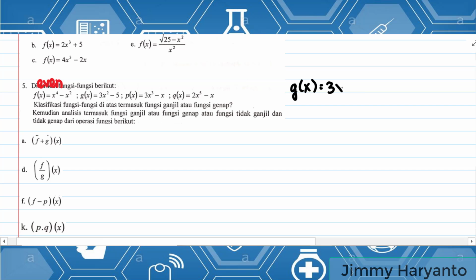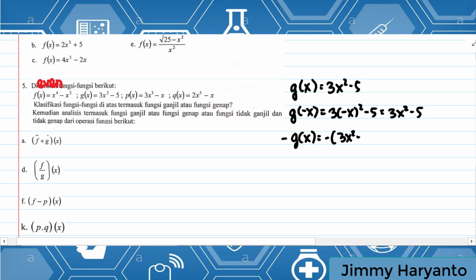g(x) will be 3x squared minus 5, and then I have to find g(negative x) equals 3 times negative x squared minus 5, equals 3x squared minus 5. For negative g(x) equals negative, in the bracket, 3x squared minus 5, equals negative 3x squared plus 5.